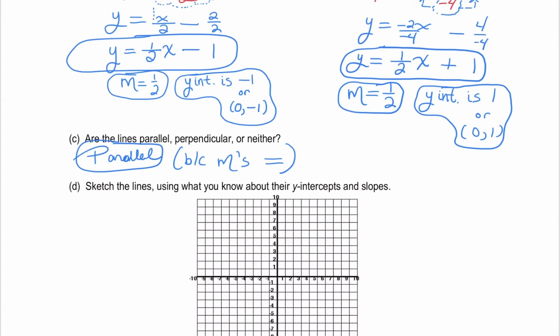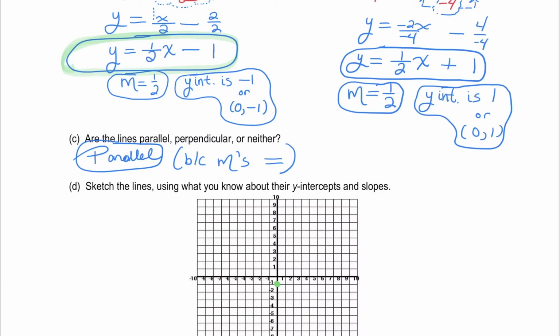The first line is y equals 1/2 x minus 1. So let's say that this is my first line right here. Its y-intercept crosses the y-axis here at -1.